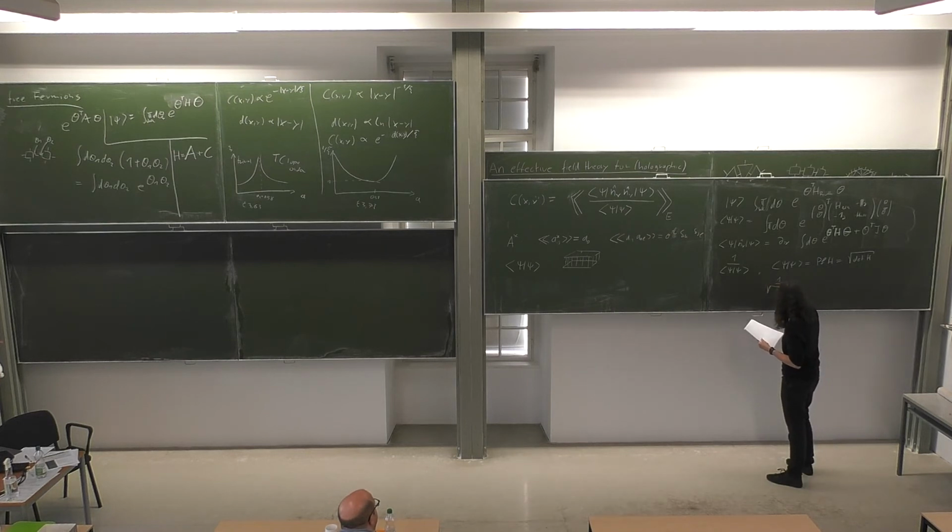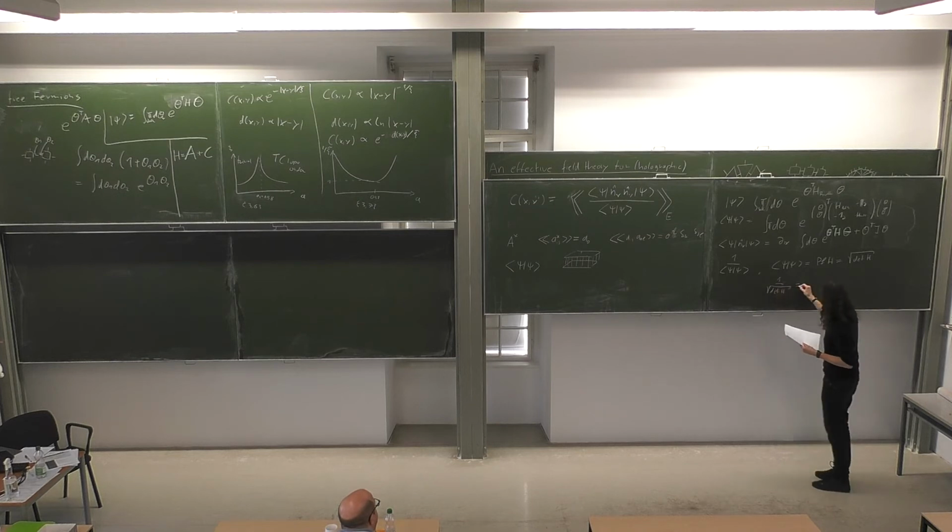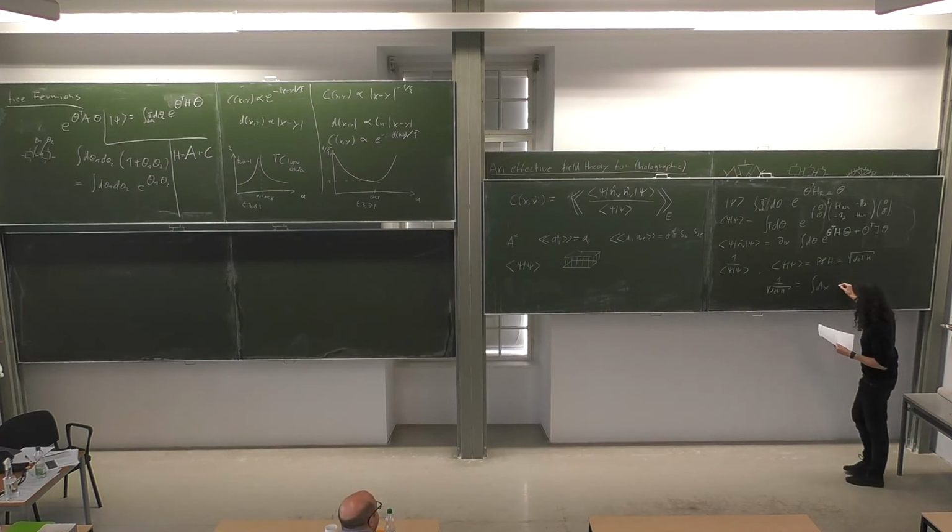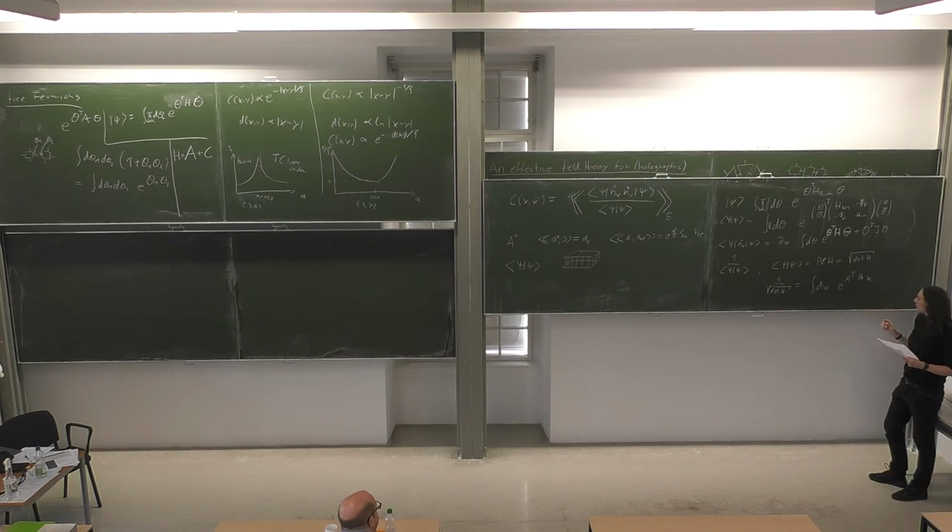So if we want to divide by the norm, we can do this by introducing another Gaussian integral over fermionic variables. The only problem is that due to the antisymmetry of this Hamiltonian, this expression is actually identically 0, so we cannot use this.